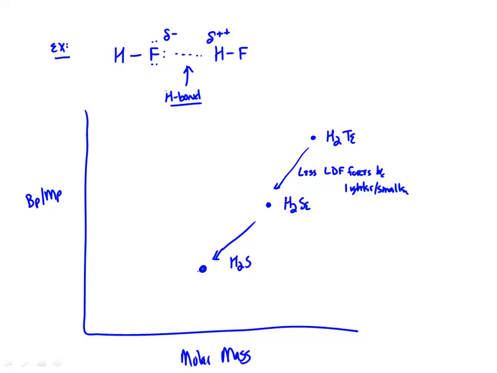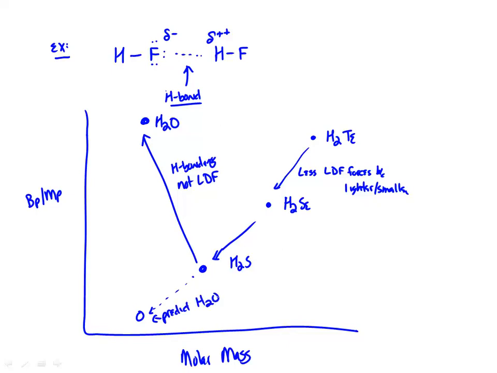And then what happens is we have a huge anomaly. Water is way up here. The explanation for water breaking that trend is that this is due to hydrogen bonding, not London dispersion forces. London dispersion forces are where we would predict water to be without dipole-dipole or hydrogen bonds.